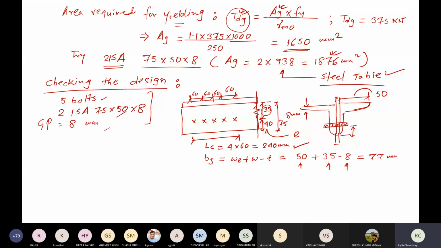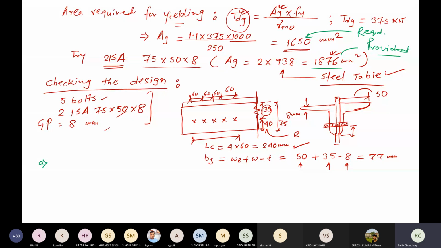Now once the LC and BS have been calculated, again we cross check. We have already calculated the area required for yielding, and this is what we have provided, and this is what is required.